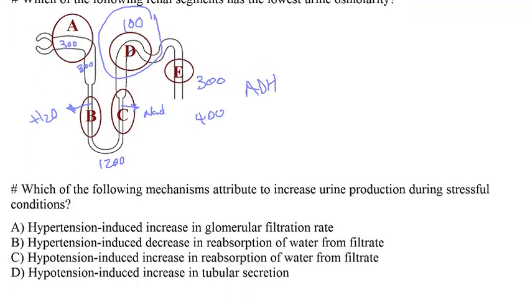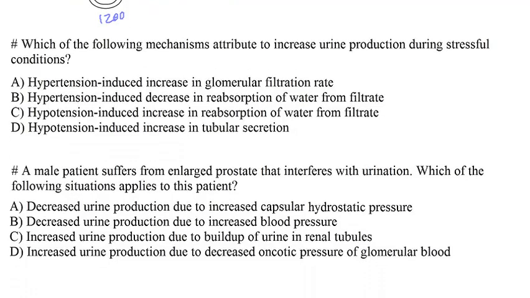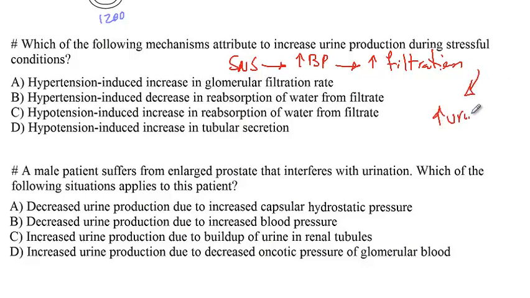Next question is, which of the following mechanisms attribute to increased urine production during stressful condition? So what happens during stressful condition? Sympathetic nervous system gets activated. There is high blood pressure, as a consequence of which there is now increased filtration, or in other words, increased glomerular filtration. And now from here on, there would be increased urine production.